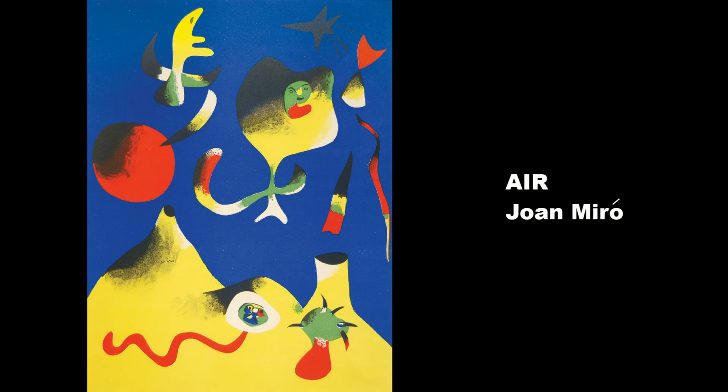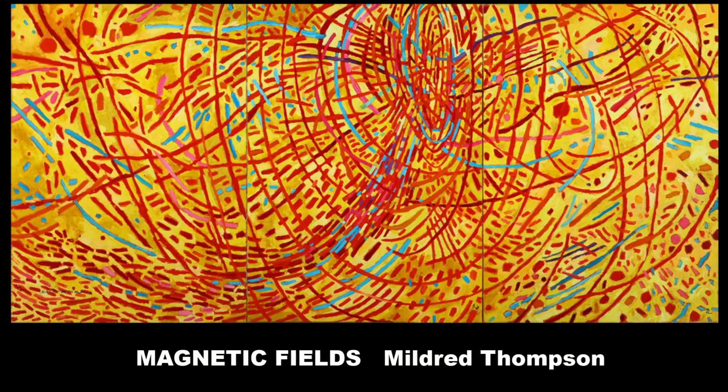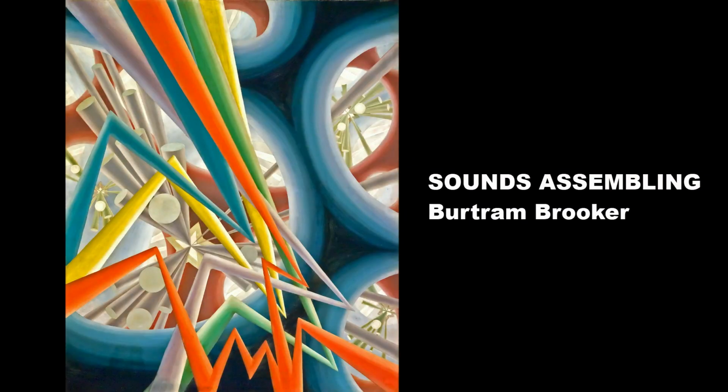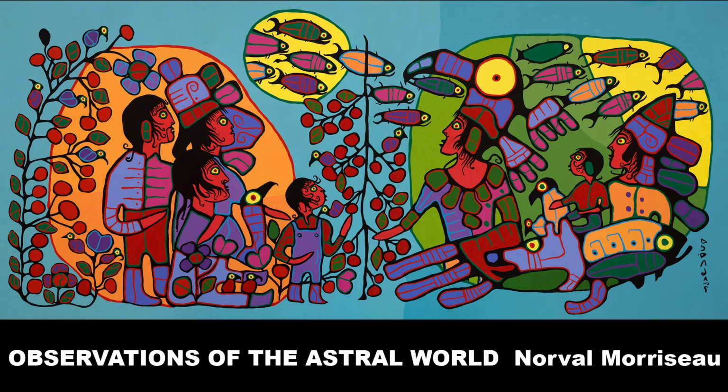Artists make abstract art to express ideas that are hard to find words for, or to express strong emotions or ideas about a spiritual world, a world we cannot see.